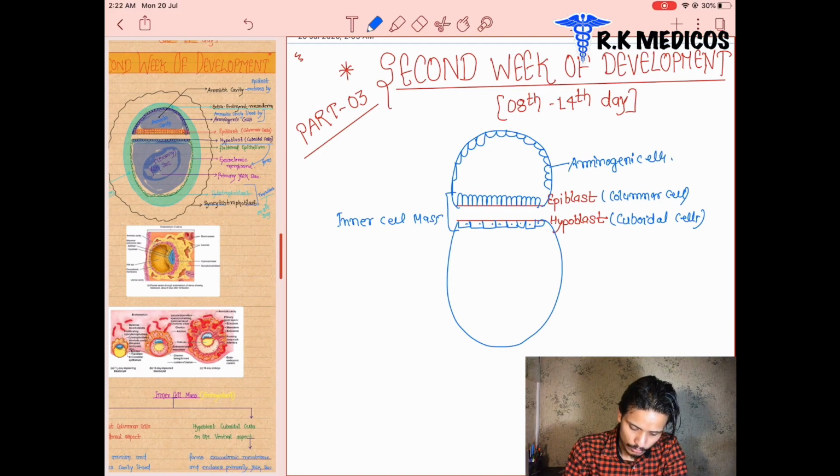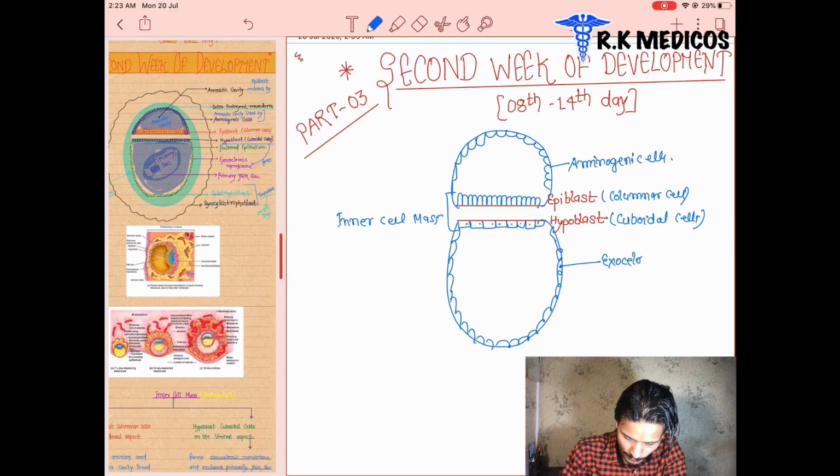And here we can also see the hypoblast cells are forming that cavity, and it is enclosed by the hypoblast cells. These cavities or these cells are also called the exocoelomic membrane.